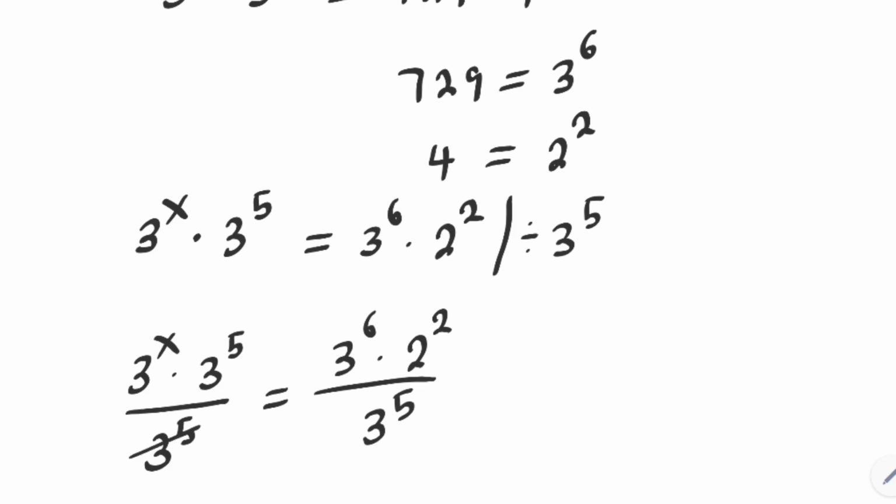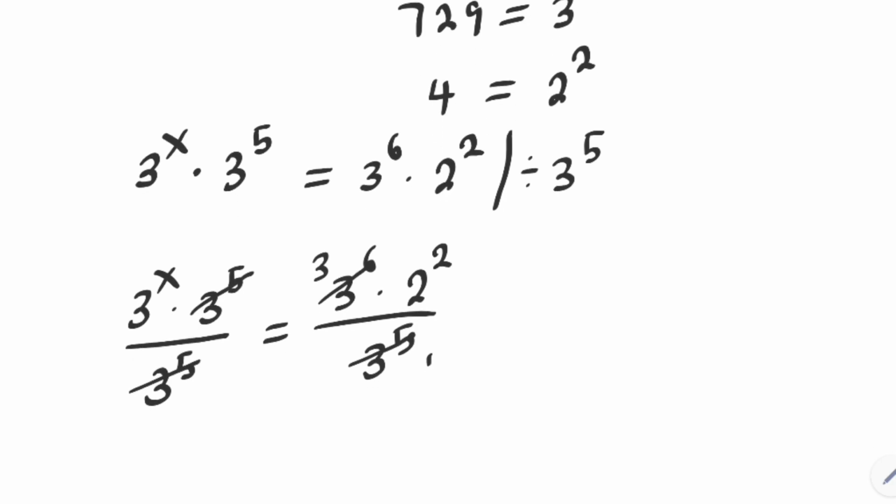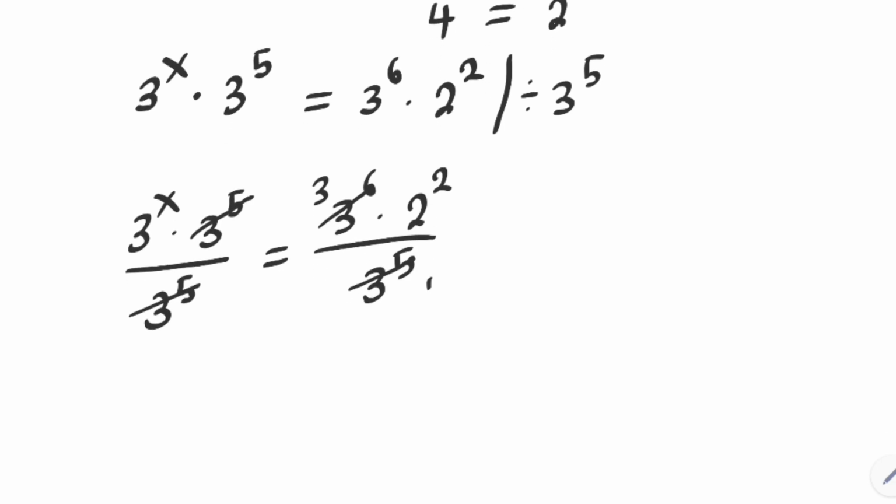This 3 raised to power 5 cancels this 3 raised to power 5. We have 3 raised to power 5 here, 1, then 3 raised to power 5 here. This will remain 3. 3 raised to power x is equal to 3 multiplied by 2 square.